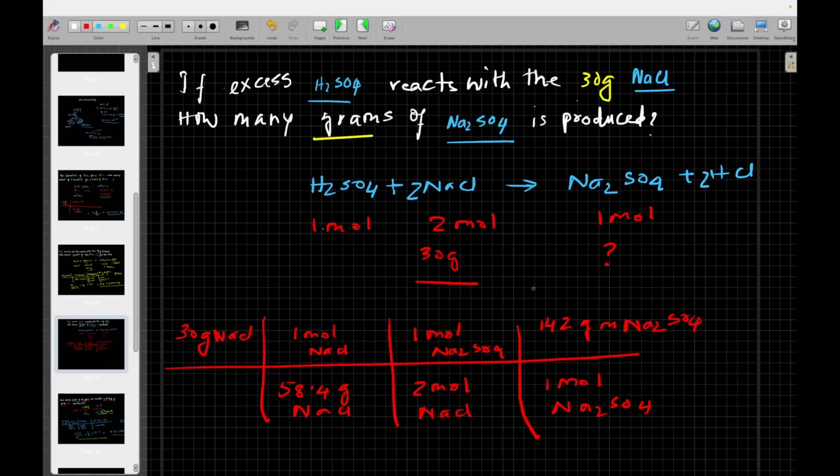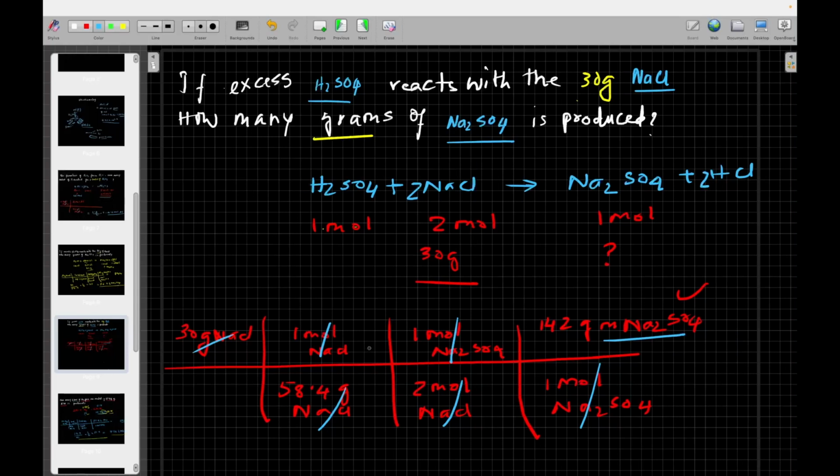The desired information is always in the numerator. If we look closely, the gram sodium chloride unit cancels out, the mole NaCl cancels out, and the mole sodium sulfate cancels out. Only the gram sodium sulfate remains.